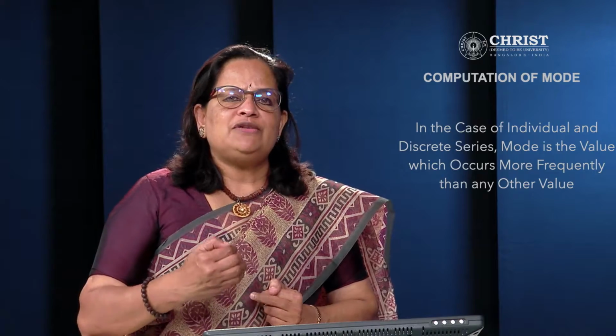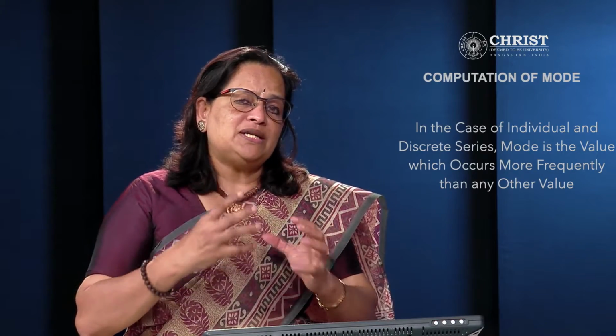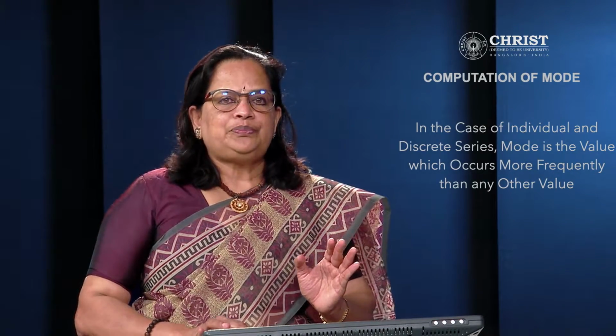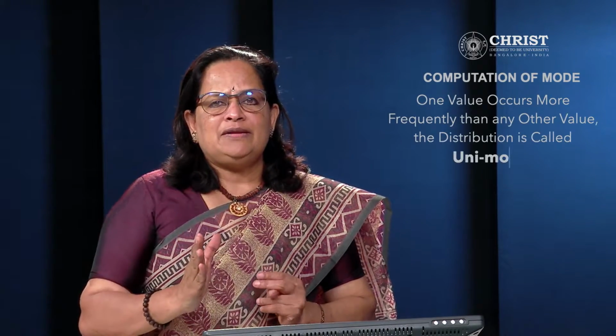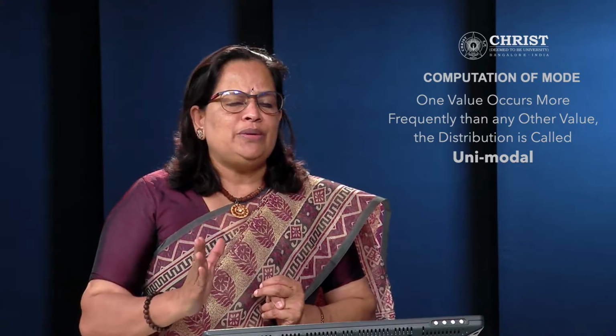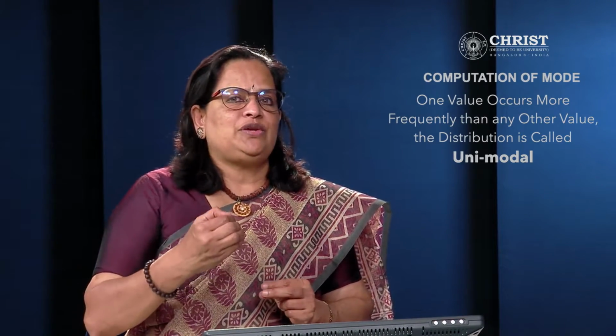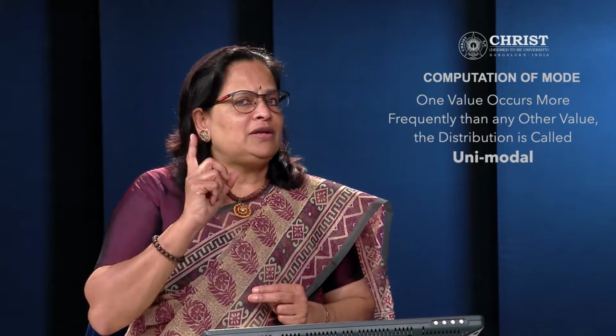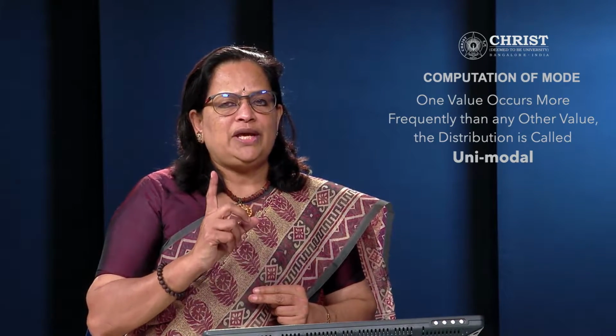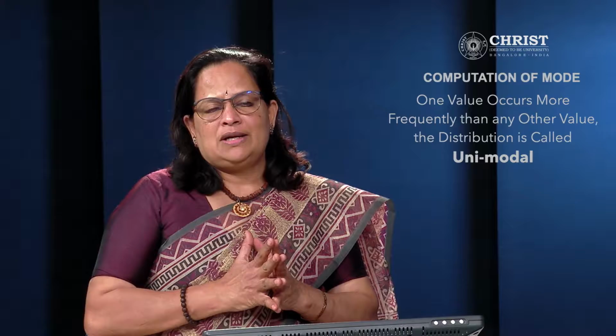In case of individual and discrete series, mode is the value which occurs more frequently than any other value. But this will be true only if there is a clear difference between the highest frequency and the next frequency. If one value occurs more frequently than any other value, the distribution is called unimodal. In our example, 7 has the highest frequency and only one value got the maximum frequency 40. So that is called the unimodal class.